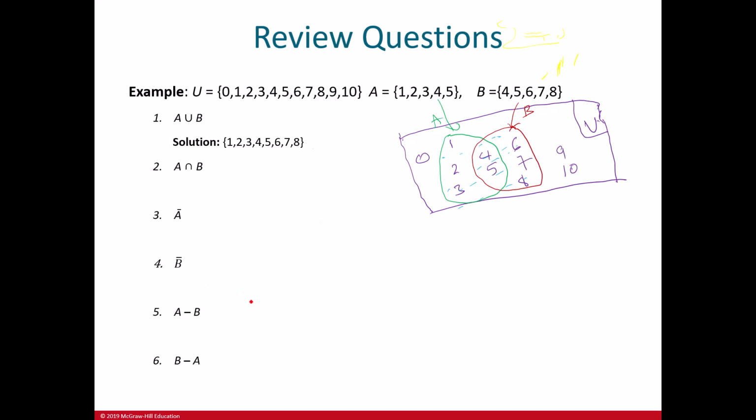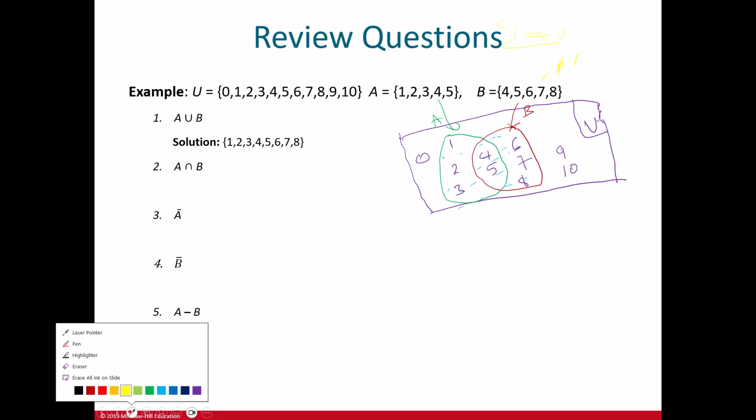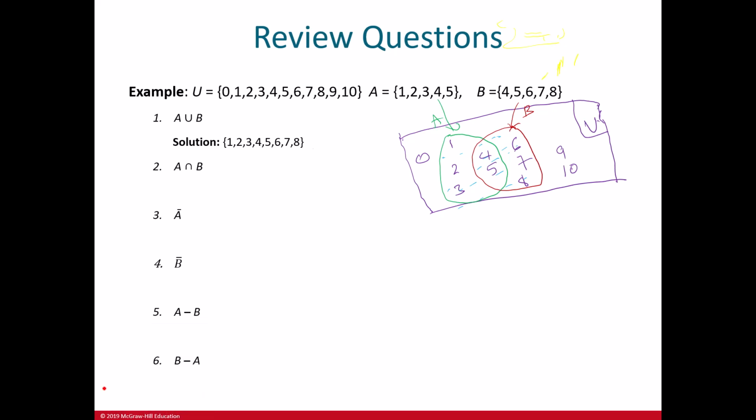Let me use another color, because the blue is not really showing. So the elements that are in both should be 4 and 5.